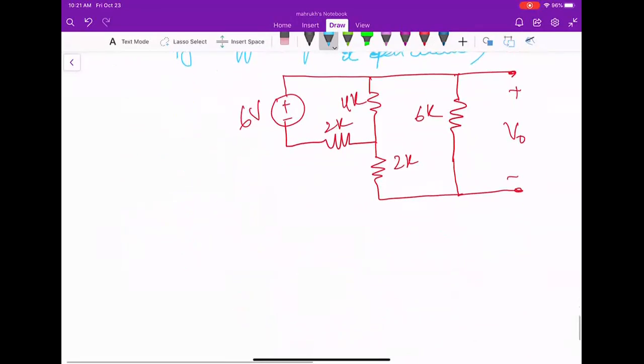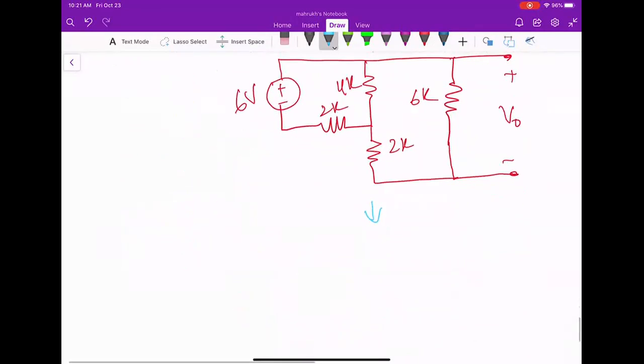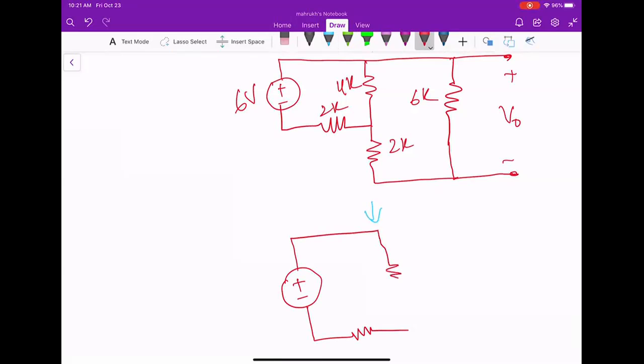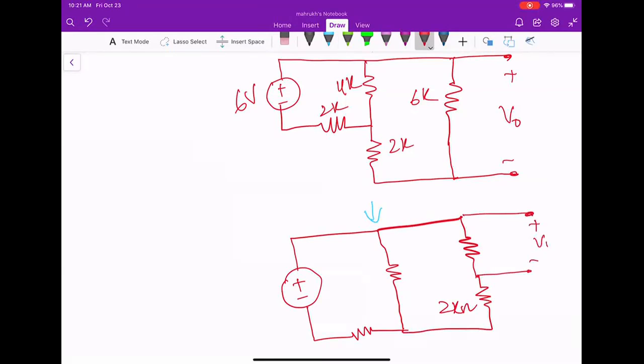Okay. So I will just redraw the circuit to make it a little bit simpler. Okay, and I'm saying that this is V1.